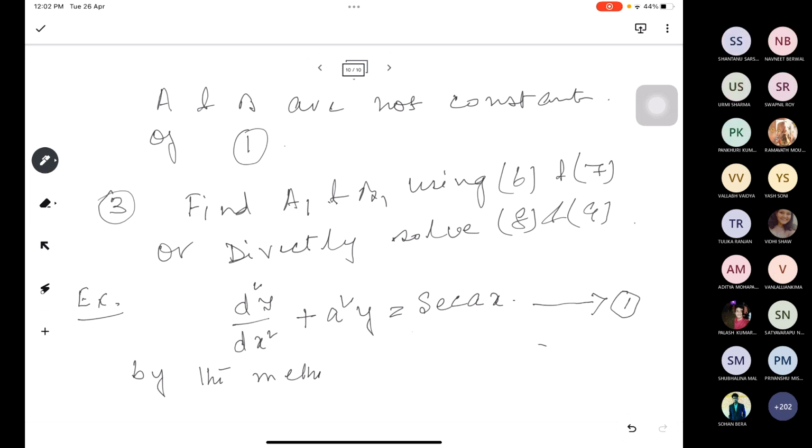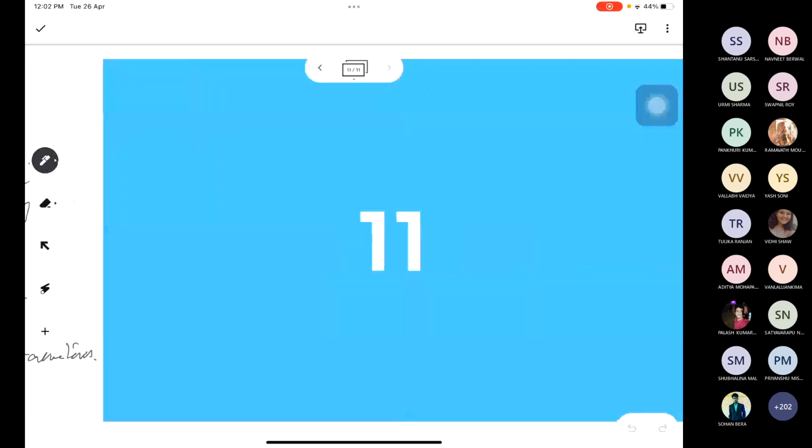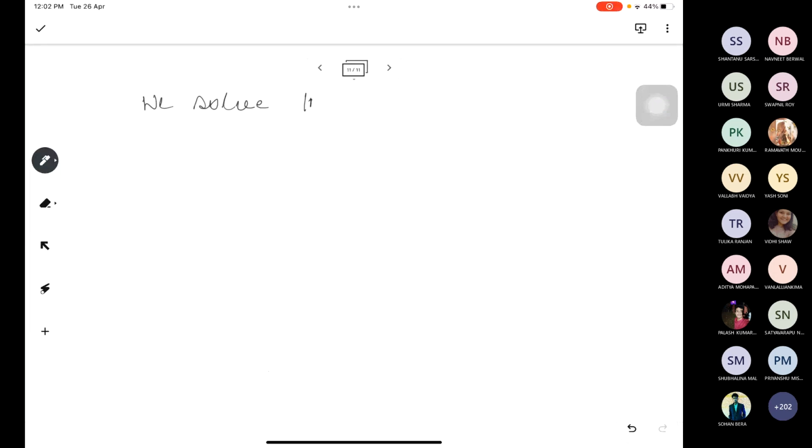So first of all we solve the equation d2y by dx2 plus a square y is equal to 0.